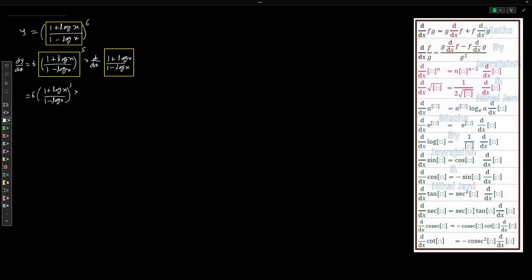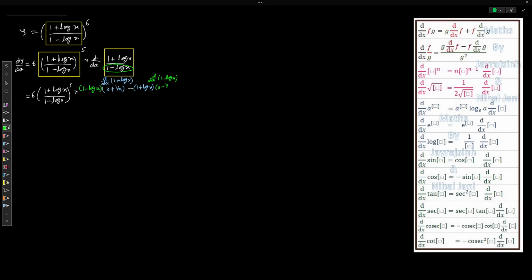So we can say in the first step numerator will be as it is. We'll focus on the differentiation of the denominator... I mean, of the numerator. So tell me, differentiation of 1 is 0, of log x is 1 by x, minus numerator as it is, into differentiation of the denominator, which is 1 minus log x.